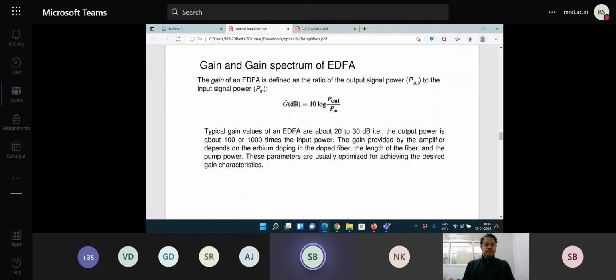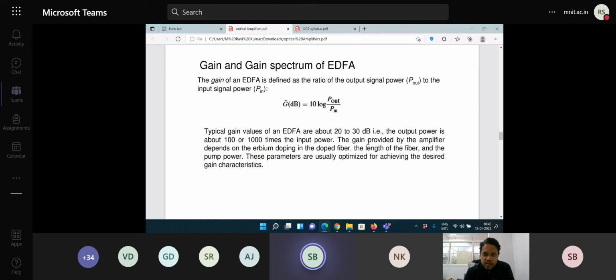This is what is defined as the gain of the EDFA. It's a ratio between the optical output power and the input optical power. Typical gain values are about 20 to 30 dB, so it's about 100 to 1000 times the input power.